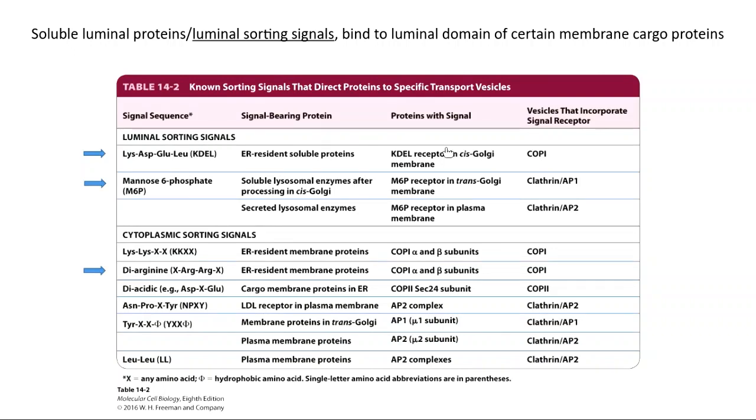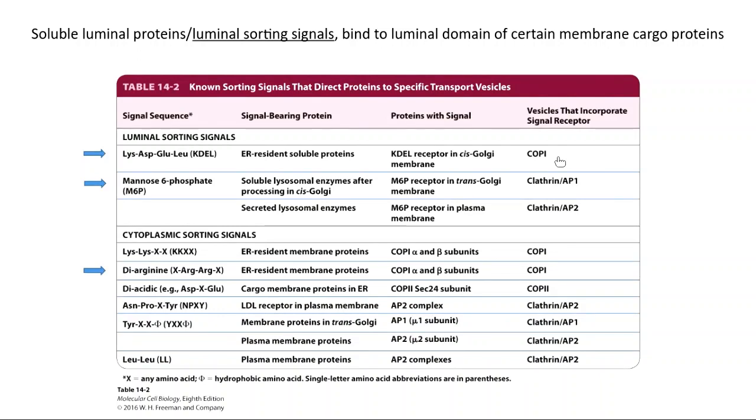Now the KDEL receptor binds to the KDEL sequence associated with the proteins. That means the KDEL receptor basically recruits all the proteins which have the KDEL sequence, and through retrograde transport brings those proteins with the KDEL sequences at the C terminus back to the ER.